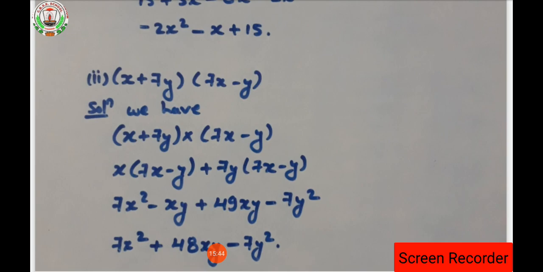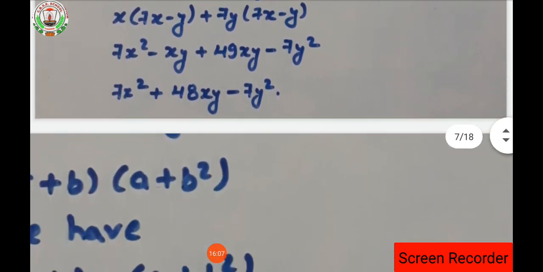Then 7y multiplies with minus y, it will become minus 7y square. Now the like terms are present in the center, that is minus xy plus 49xy, so 49 minus 1 will be 48xy. So the answer is 7x square plus 48xy minus 7y square.